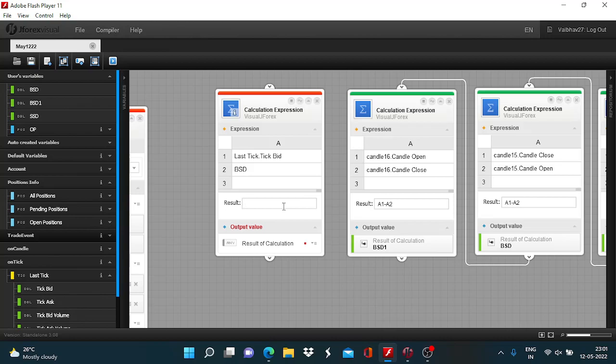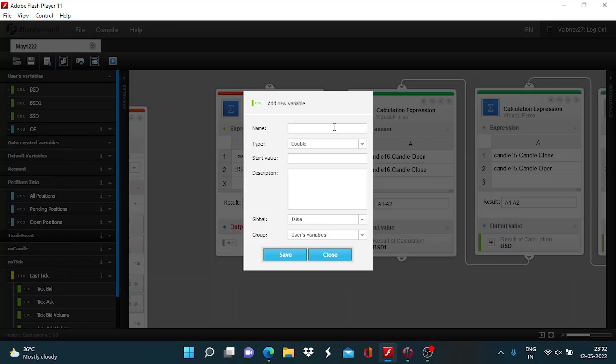So there is going to be A1 minus A2, and this will be our buy execution price.